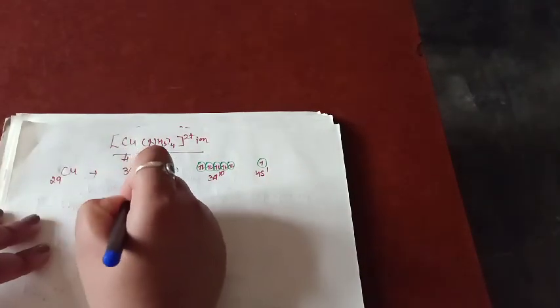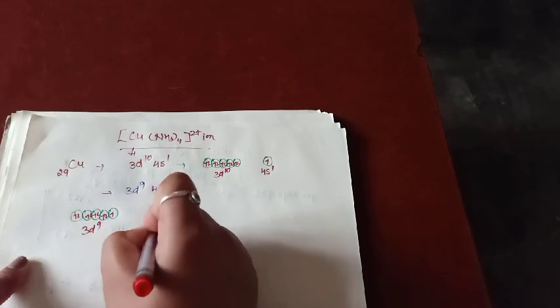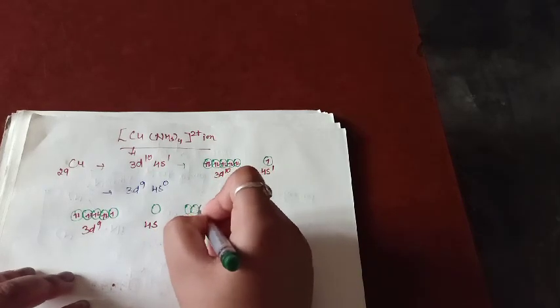After copper loses 2 electrons, copper will remain as 3d9 4s0. So it will have 1 2 3 4 5 6 7 8 9 in 3d9, 4s0, and 4p would be vacant.